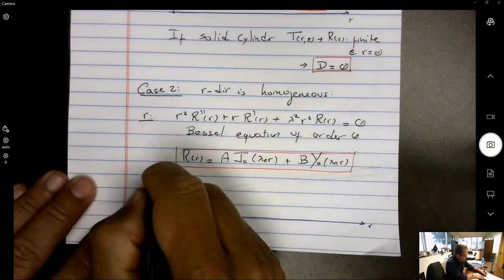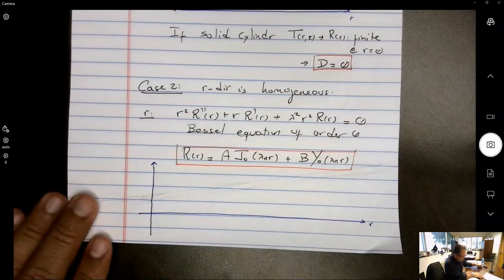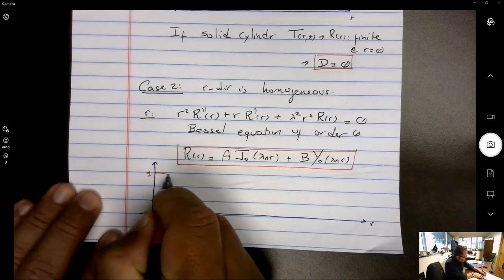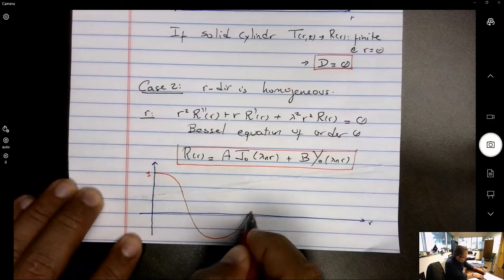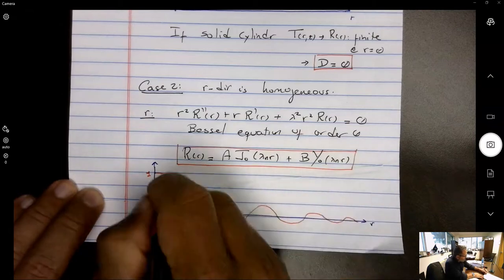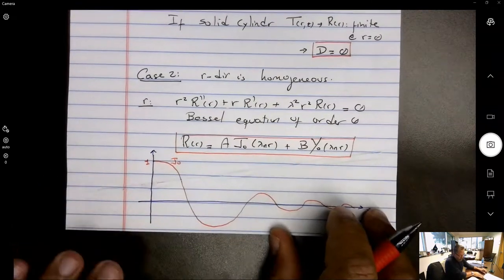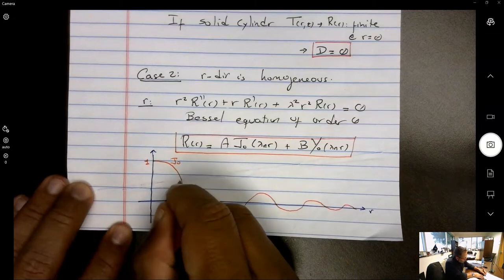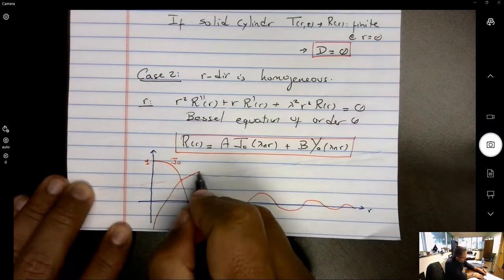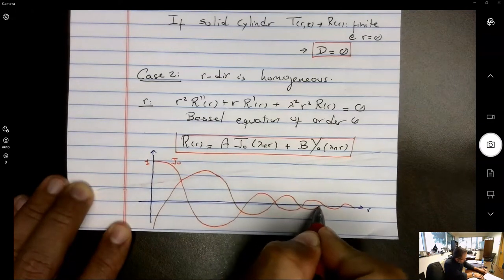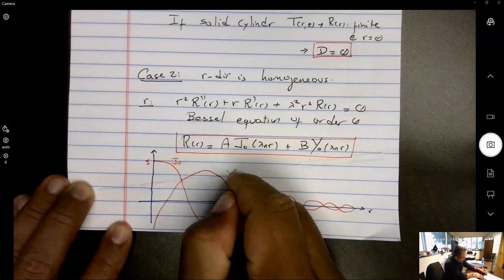Plotted these functions. Remember, J0 goes like this. This is 1. So this will be J0. Well, Y0 would be singular at R equals 0. It's minus infinity to be precise. This is Y0.